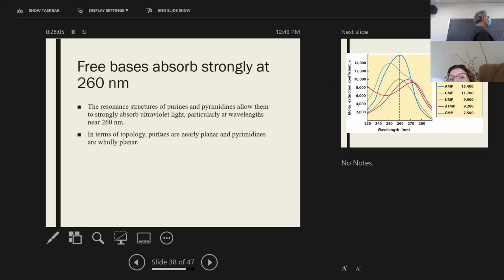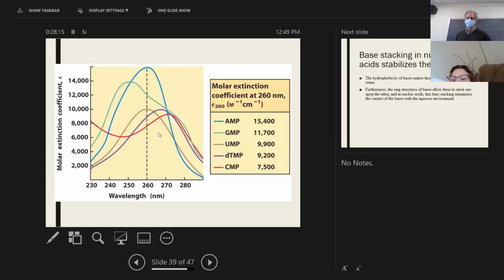In terms of topology, the bases are nearly planar if you're a purine and completely planar if you're a pyrimidine. And here you have the absorption spectra for the free bases, at least the nucleotides. While 260 is not the maximum for all of them, they all absorb pretty strongly at 260. So if you use 260, you will detect all five of these bases very effectively.